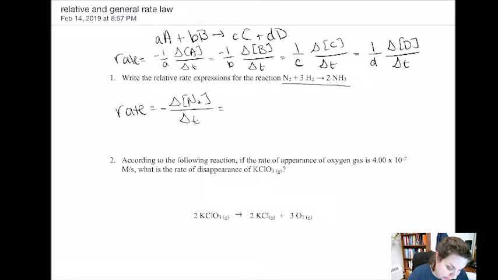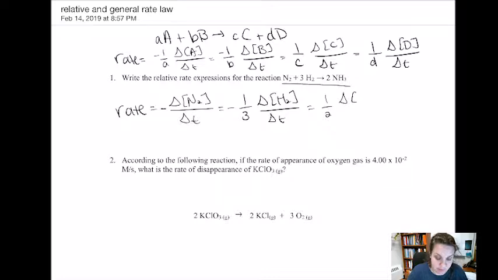And that'll be equal to the negative of 1/3 delta H2 over delta T, 1/3 because it's got a 3 as a stoichiometric coefficient. And then that'll be equal to 1/2 in the positive because it's the rate of appearance of NH3, delta NH3 over delta T.